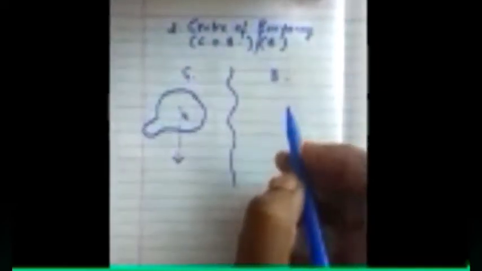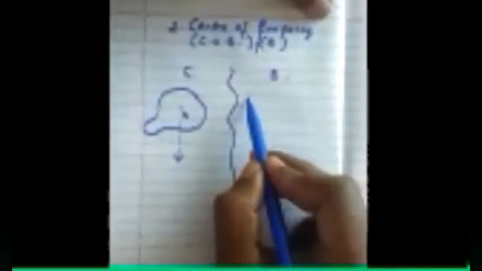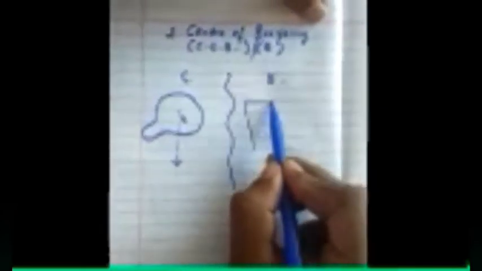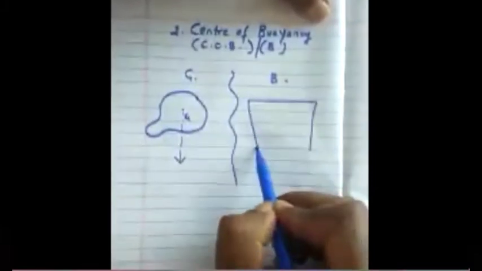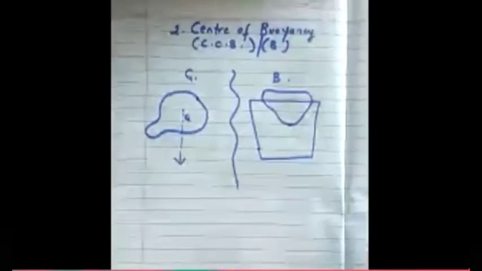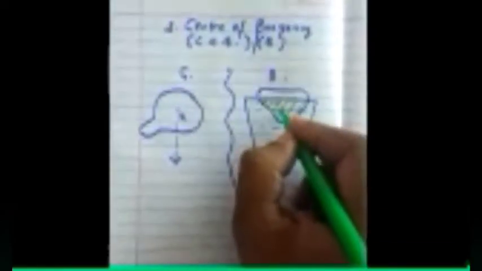Now, regarding the center of buoyancy, just consider I have some water, a small example, and some object in the water. The entire bucket is fully filled with water, right? The portion which is inside the water, the green color shaded portion, is called the underwater volume.